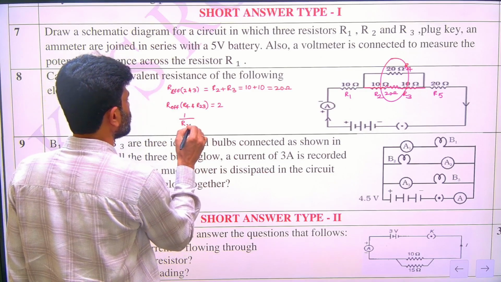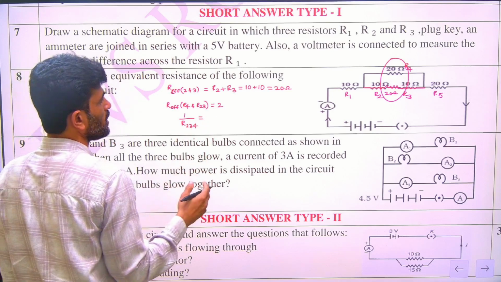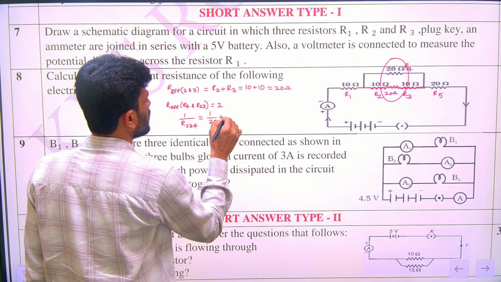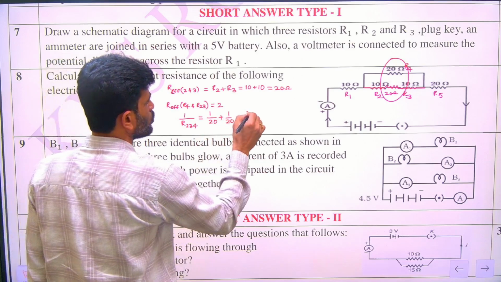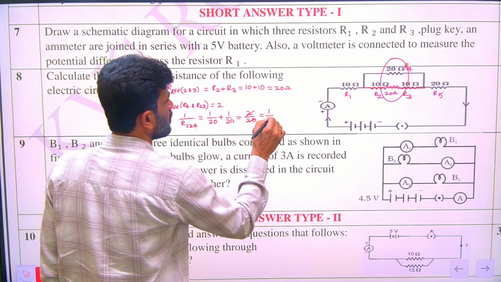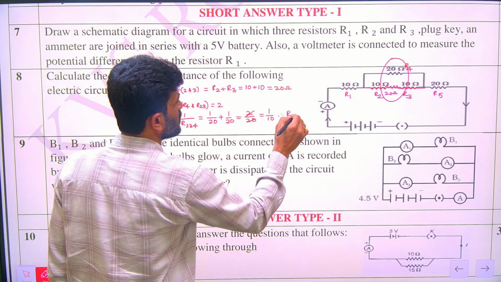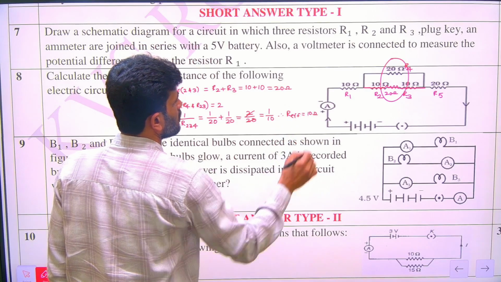Let us write it as R234 is equal to what? The effective resistance of 234 now is 1 by 20 plus 1 by 20. 1 by 20 plus 1 by 20 is 2 by 20. 2 by 20 is 1 by 10. So finally we get that the effective resistance of these three will be 10 ohms.